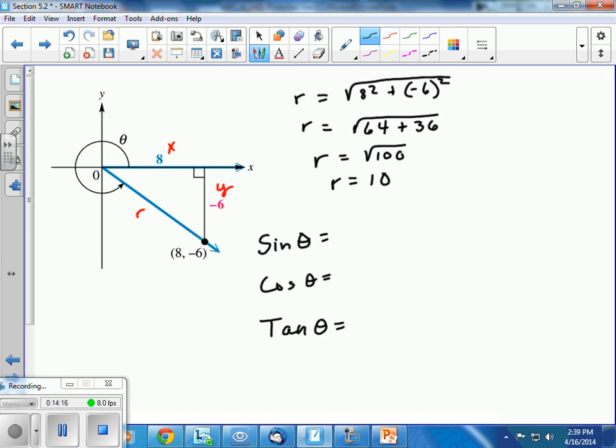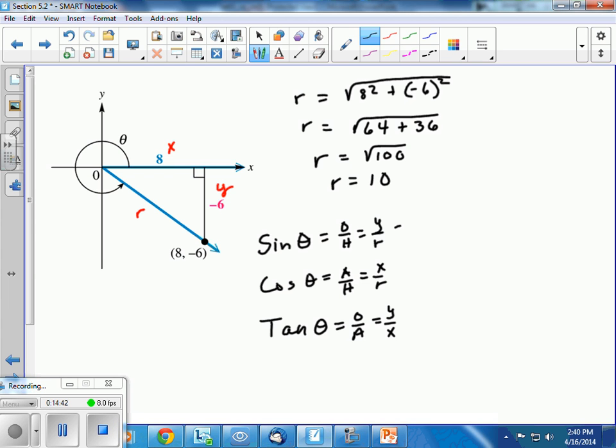Again, I want you to think of them as the side opposite over the hypotenuse, the side adjacent over the hypotenuse, and the side opposite over the adjacent. And when I'm looking at this particular triangle, of course, that's y over r, x over r, and y over x. Again, make those connections.